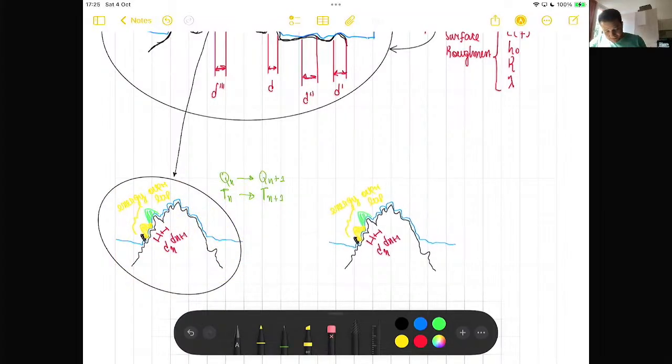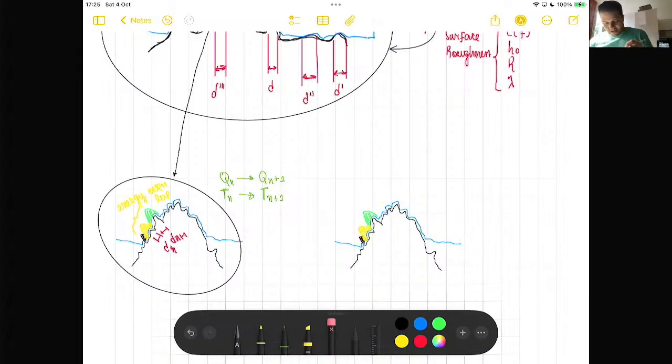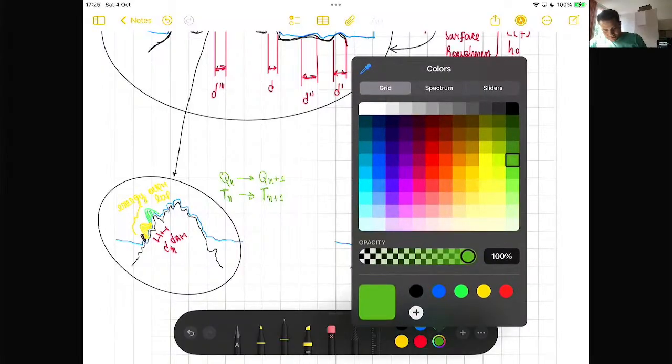Duplicate. Let's put this here. What happens? We have this. Okay, so let's draw in another color.